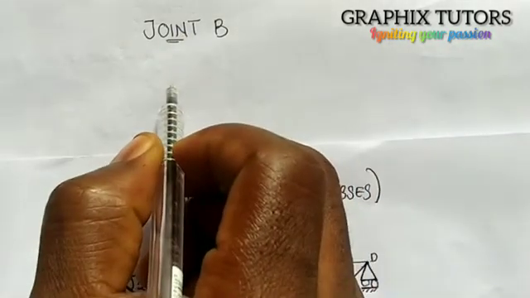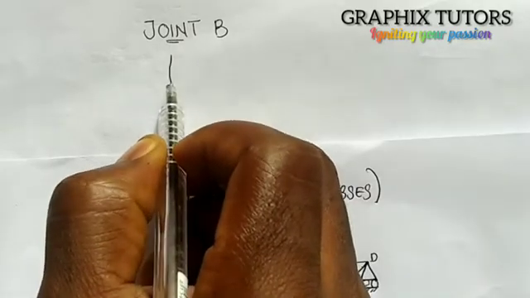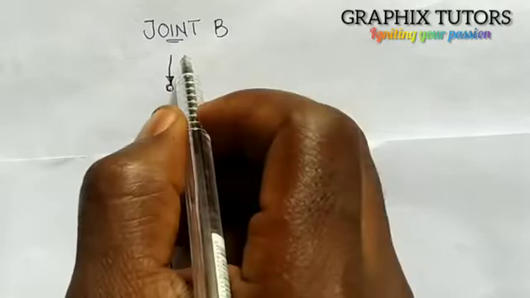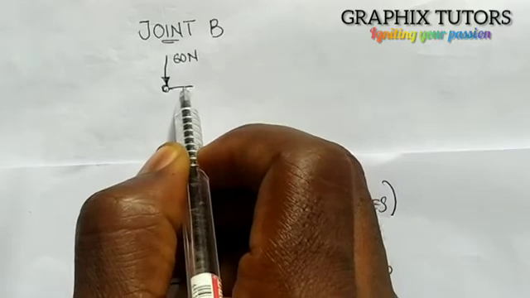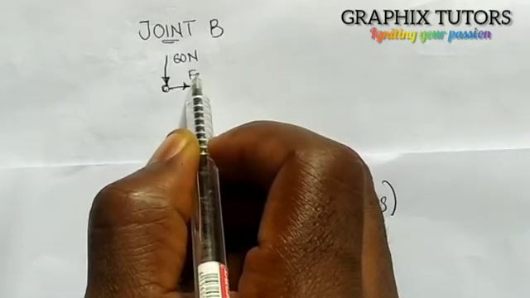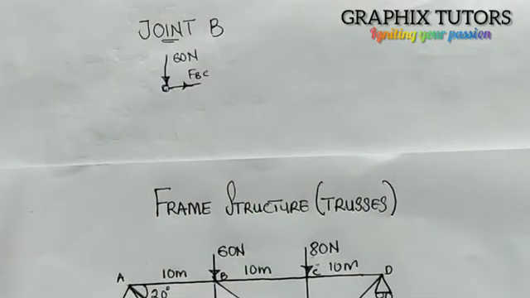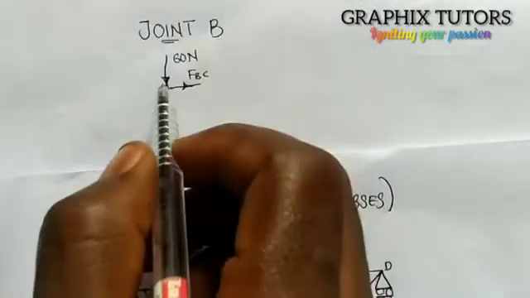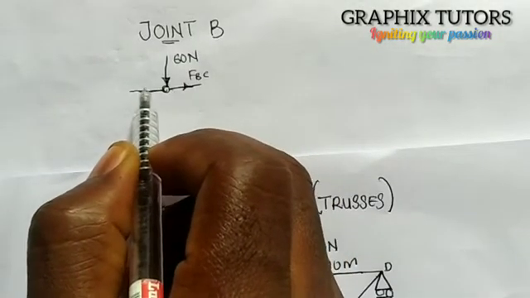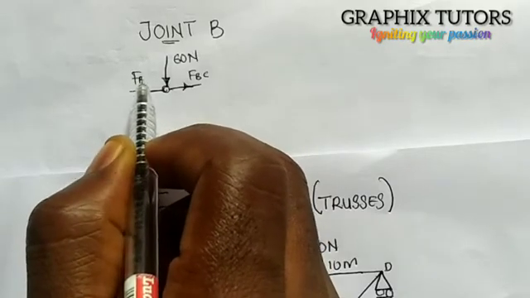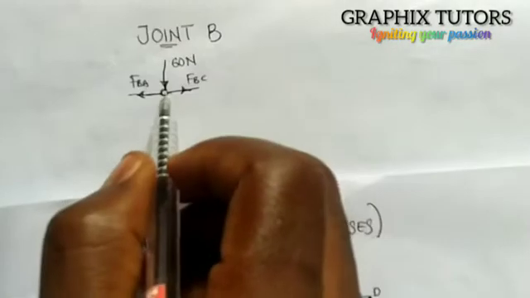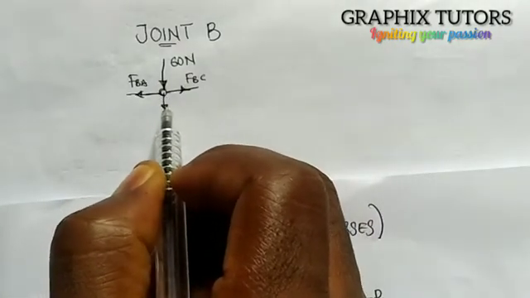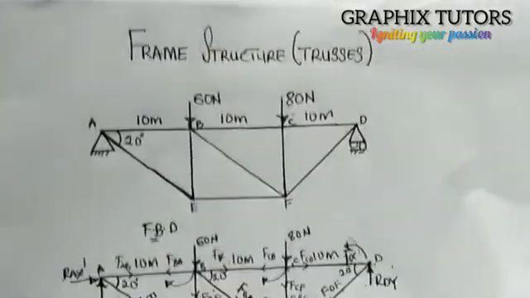What I can see is we have this, the force coming in, which is 60 Newton, right? That is 60 Newton. Then FBC going towards this point, then we have FBA, and also we have FBE, right?